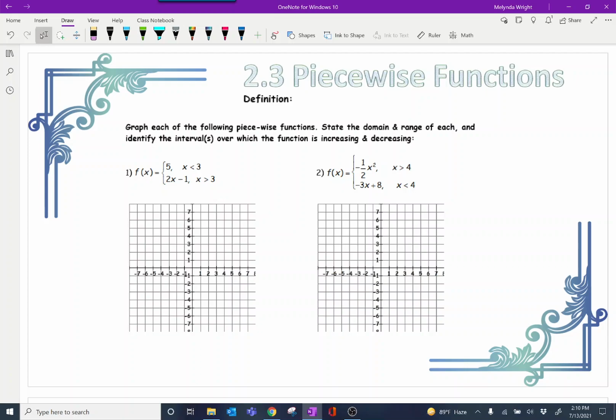Let's take a look at our lesson on piecewise functions. First, let's talk about the definition. So what is a piecewise function?